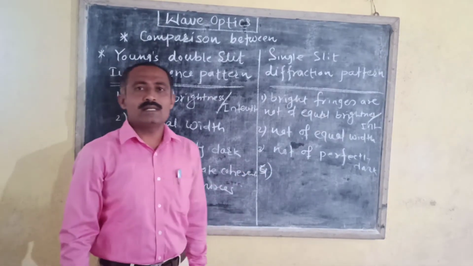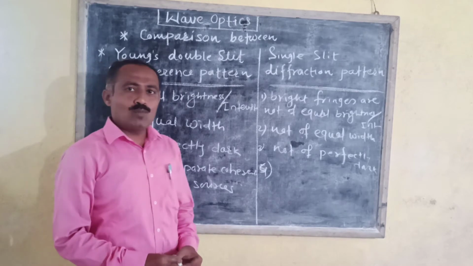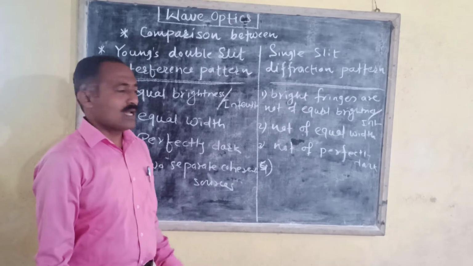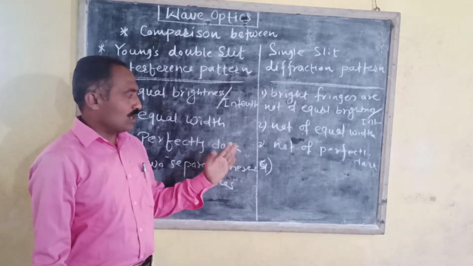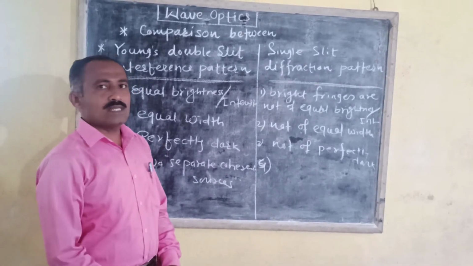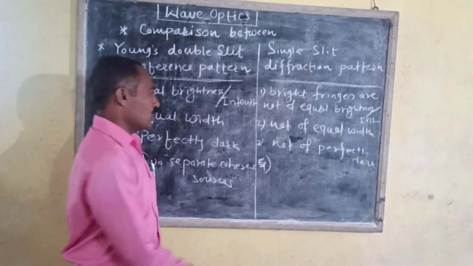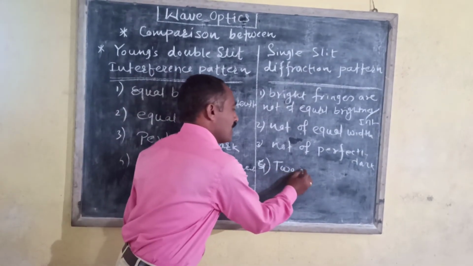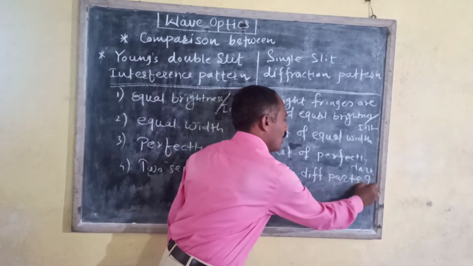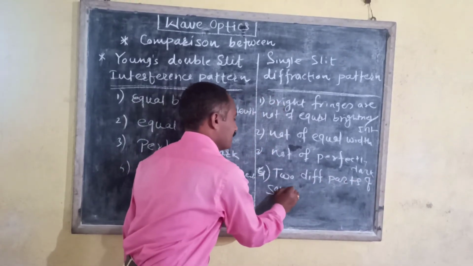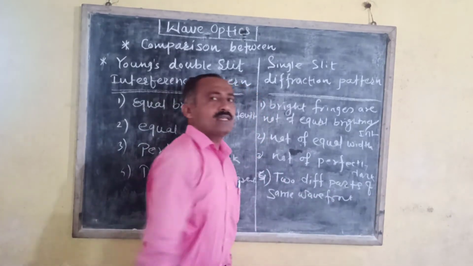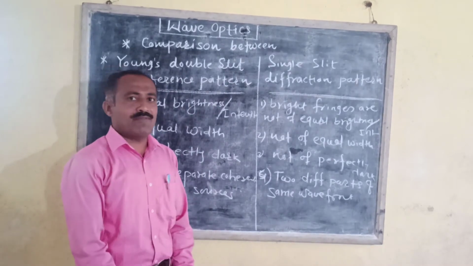In the single slit diffraction pattern, two different parts of the same wavefront act as the two sources to obtain the diffraction pattern.